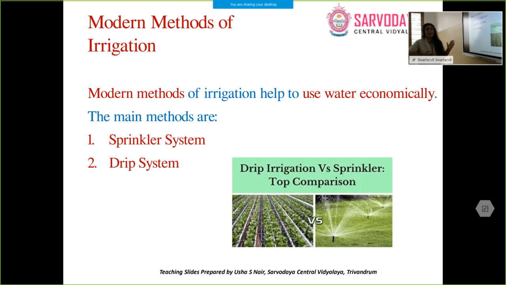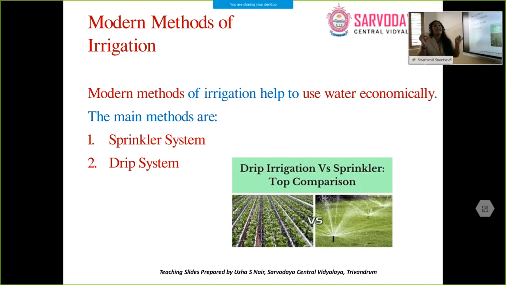The same way as technology and modern methods come up, we have to use that for an easier way of working in the fields. So modern methods of irrigation help us to use water economically. We cannot waste water, so it has to be used economically. That is the word used.